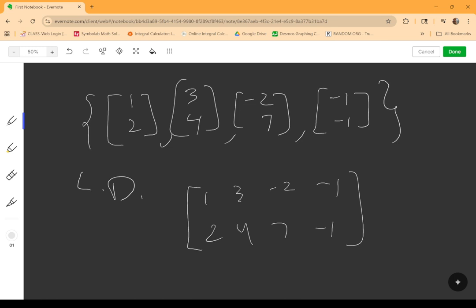But I have four vectors. In order for it to be linearly independent, it should have four pivot columns. But this is going to be impossible. In this case, n is bigger than m, so by that theorem, it must be linearly dependent.